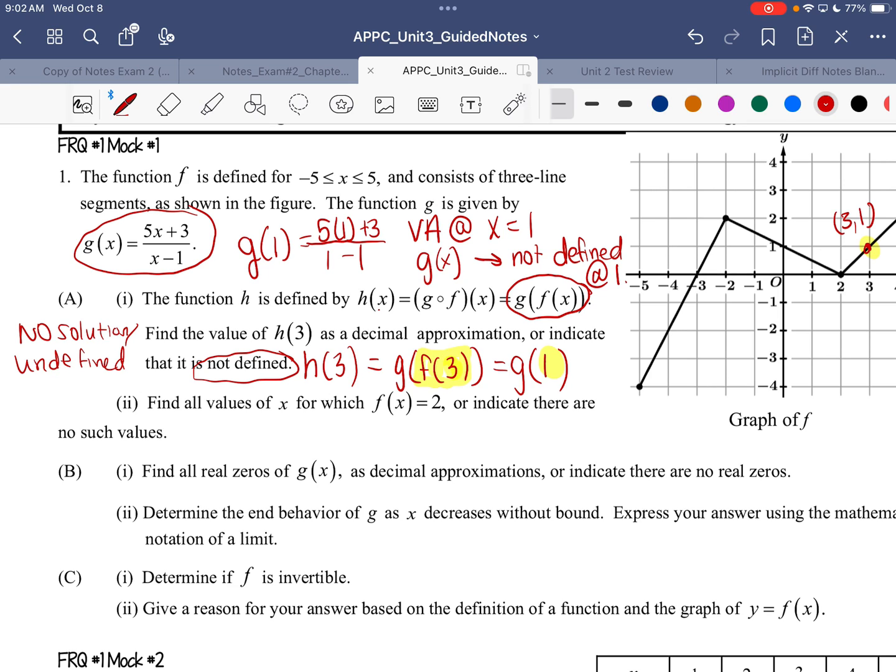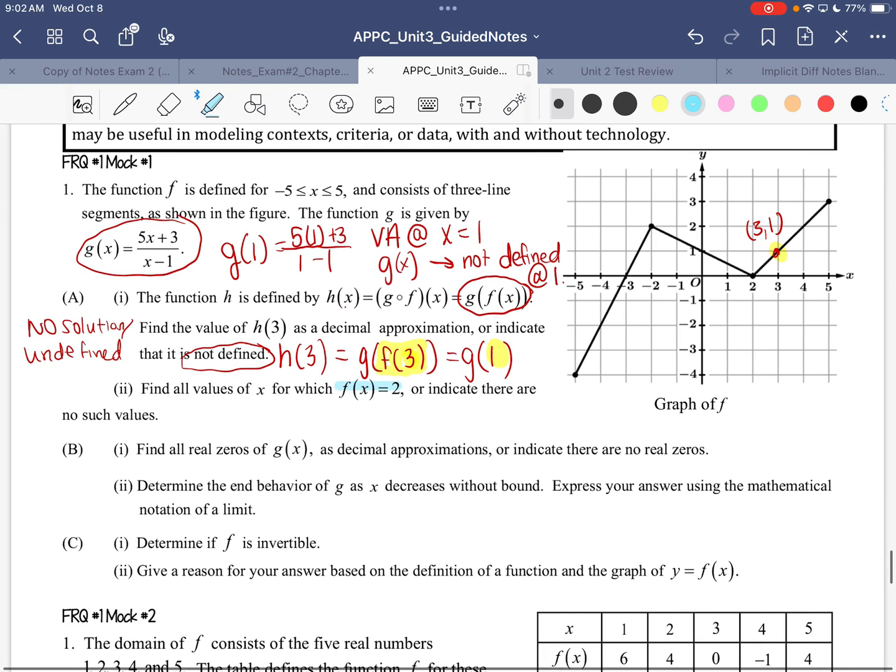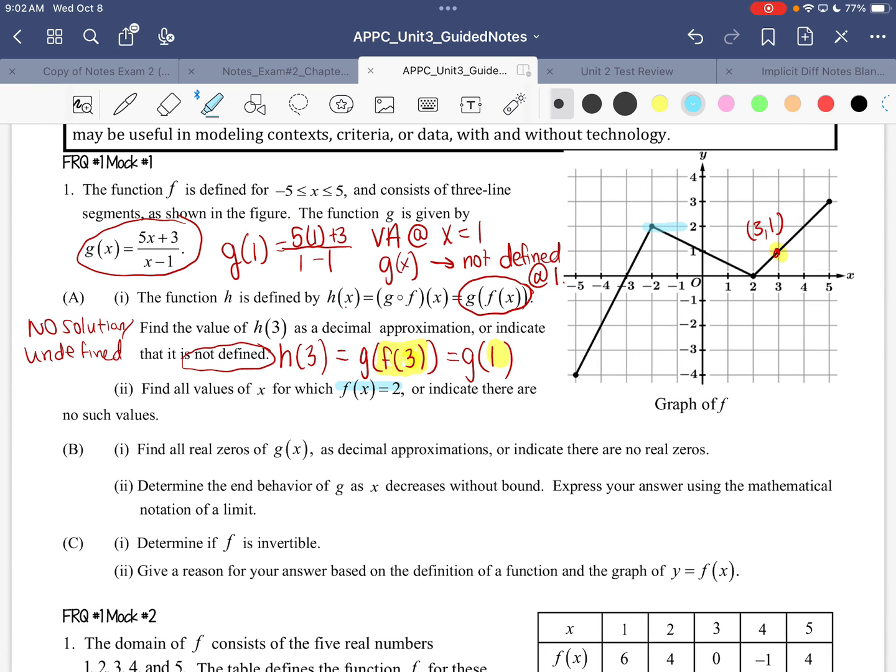All right, find all the values of x for which f at x is equal to 2. So is the x or the y value 2? The y is 2. So go and take your pencil or pen and draw a line where the y is 2. How many places do I touch?